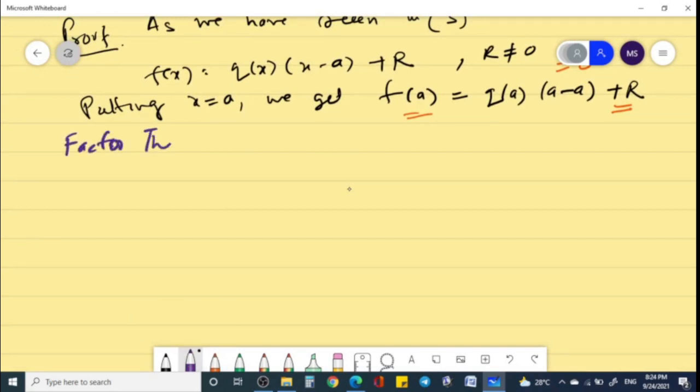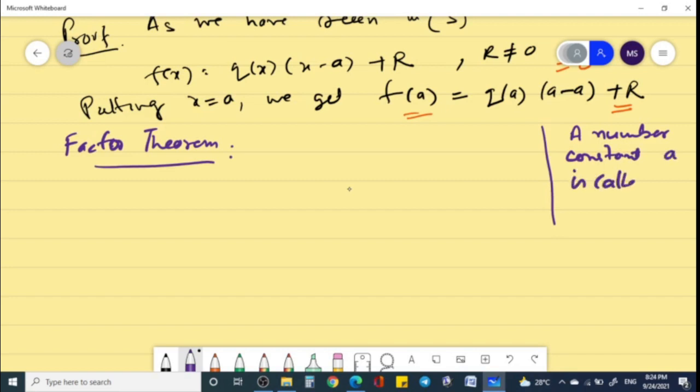Factor theorem. First of all, before defining the factor theorem, a number or constant a is called a root of f(x) if f(a) equals 0.